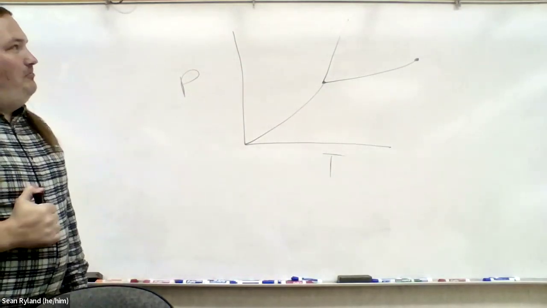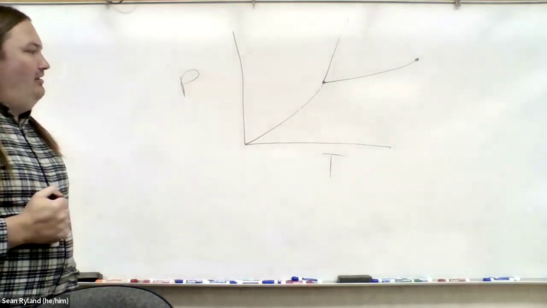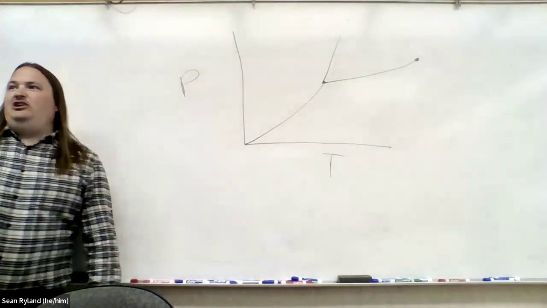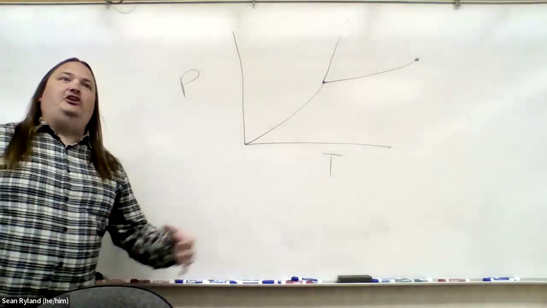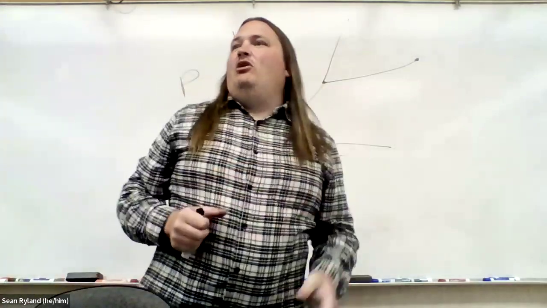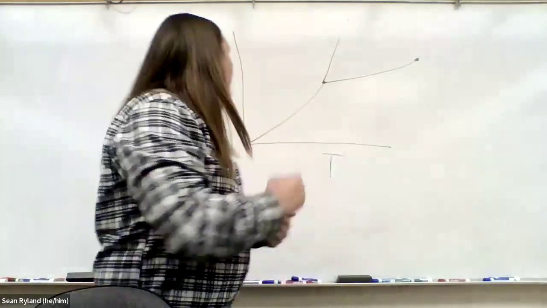So for most substances, if you're at low temperature and high pressure, what phase would you expect to see? Low temperature, solid makes the most sense, right? Low temperature means molecules aren't moving around very much. High pressure means we're forcing them all together tight.